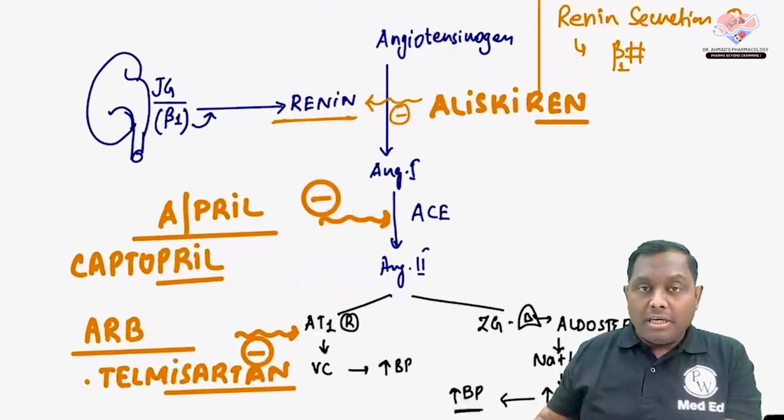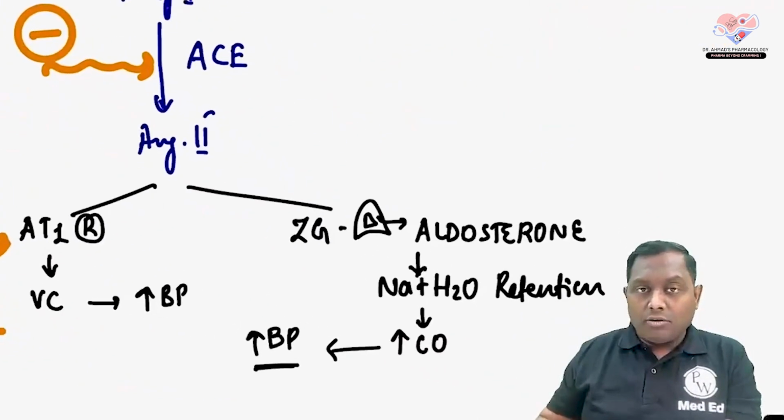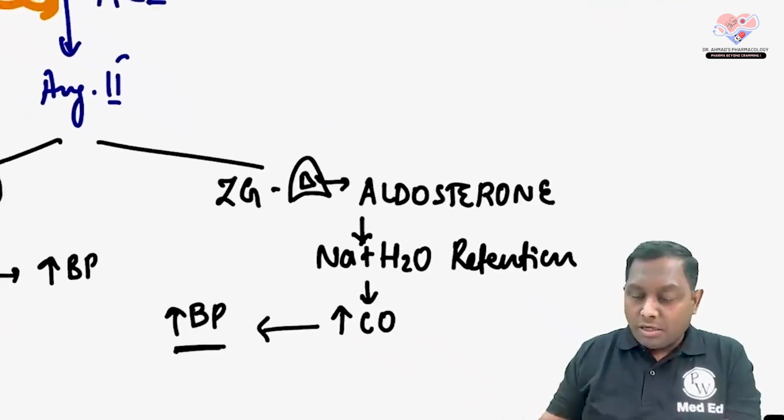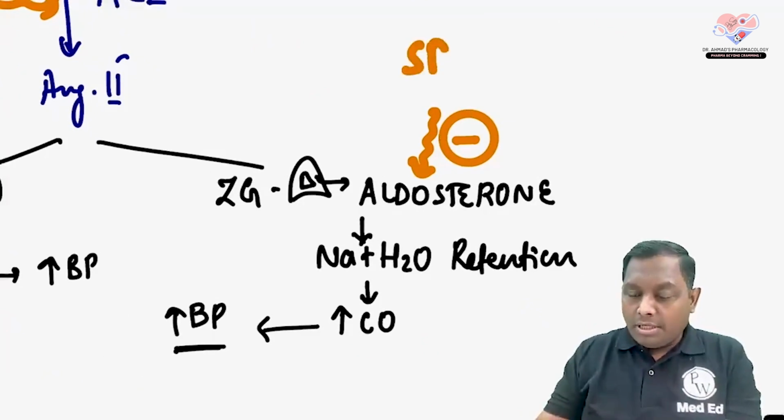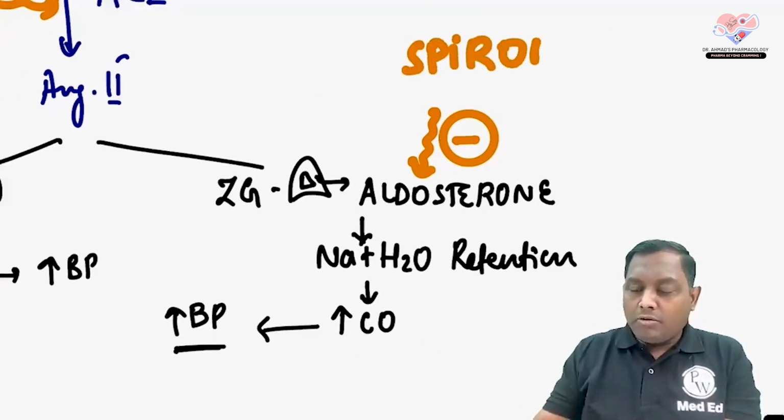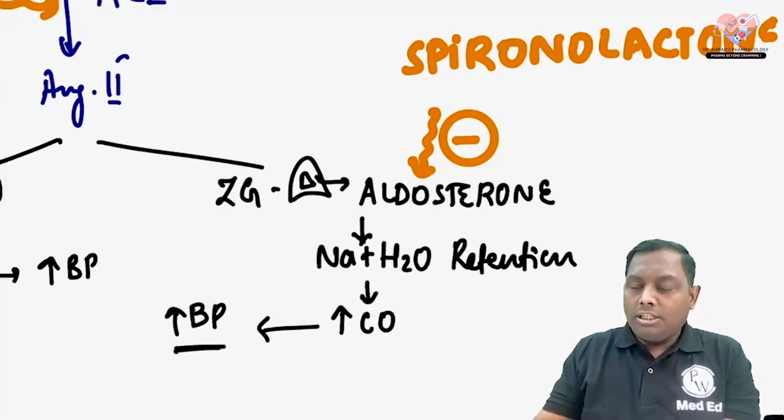Then we also have aldosterone, released from the zona glomerulosa. We have drugs that can target aldosterone. Aldosterone receptor blockers are drugs like spironolactone and the other one, eplerenone.